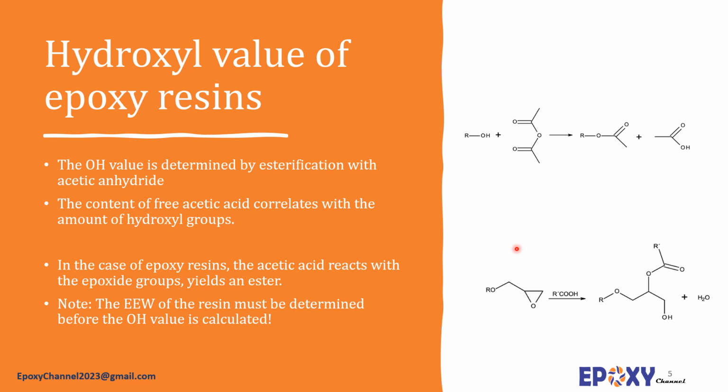So we should know the number of epoxy rings ahead before starting to report, for example, the hydroxyl value. The same thing is also valid for amine groups. When we have primary or secondary amines, they can be acetylated as well.